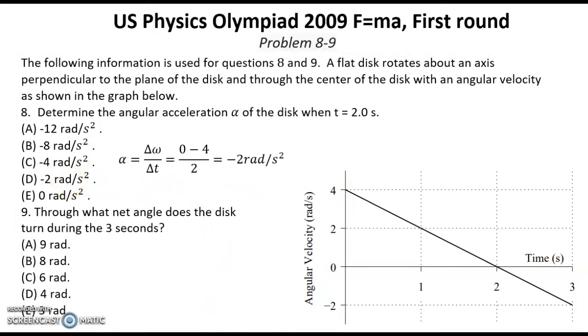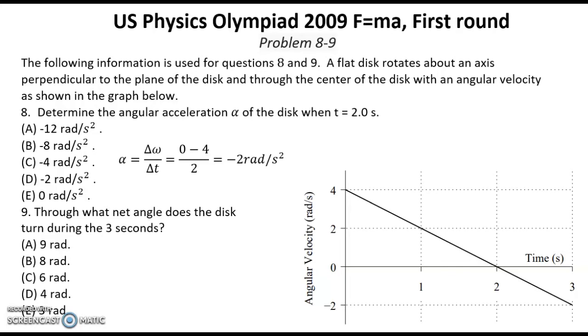Question number 9. Through what net angle does the disk turn during the 3 seconds? Here we can use another equation. We can use average angular velocity for motion with a constant angular acceleration.